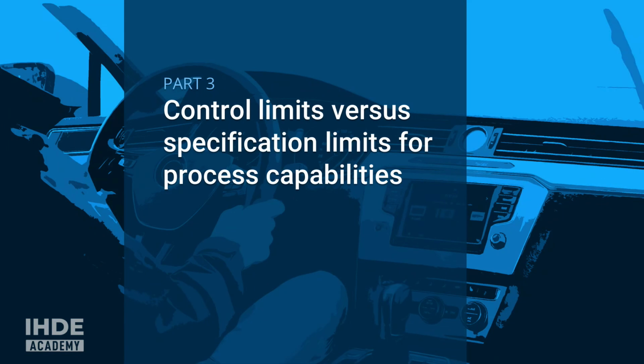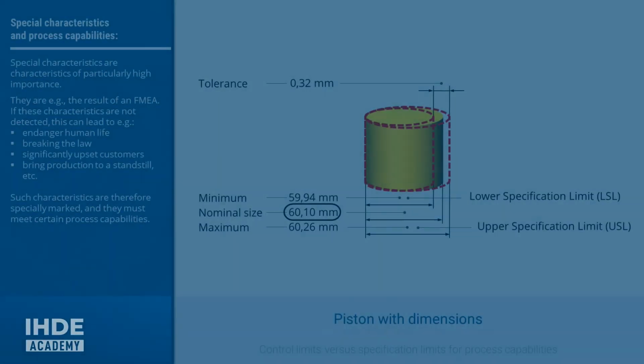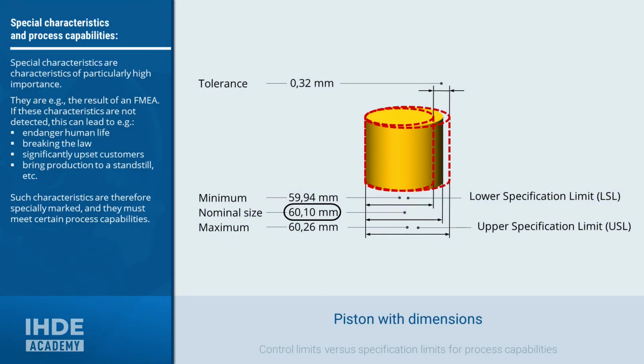Finally, let's compare the control limits with the specification limits again if the process is to meet some given process capabilities. Just a quick reminder. We are still looking at the diameter of the piston shown here, which is said to have a nominal diameter of 60.1 mm.